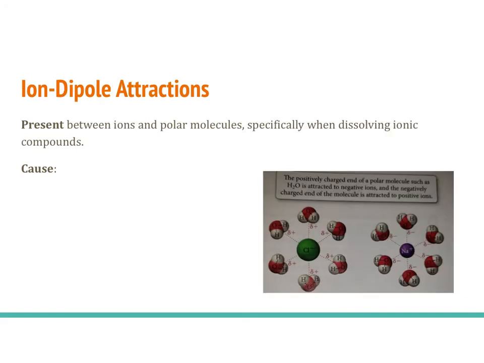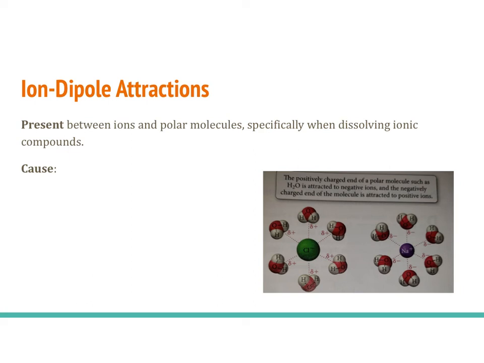The last type of intermolecular force that we will talk about is called ion-dipole attractions. Ion-dipole attractions are present between ions and polar molecules, and we most especially see this when ionic compounds are dissolved in something polar, which often, not always, but often is going to be water.